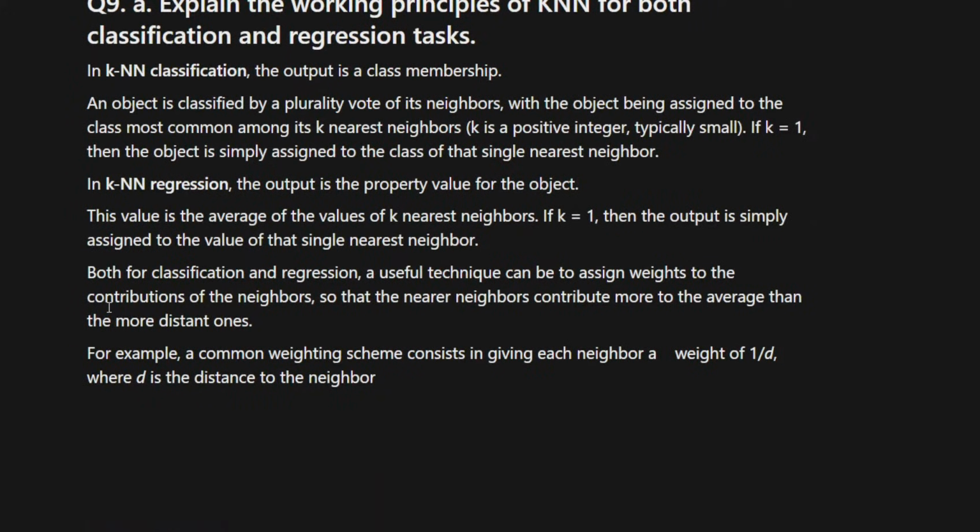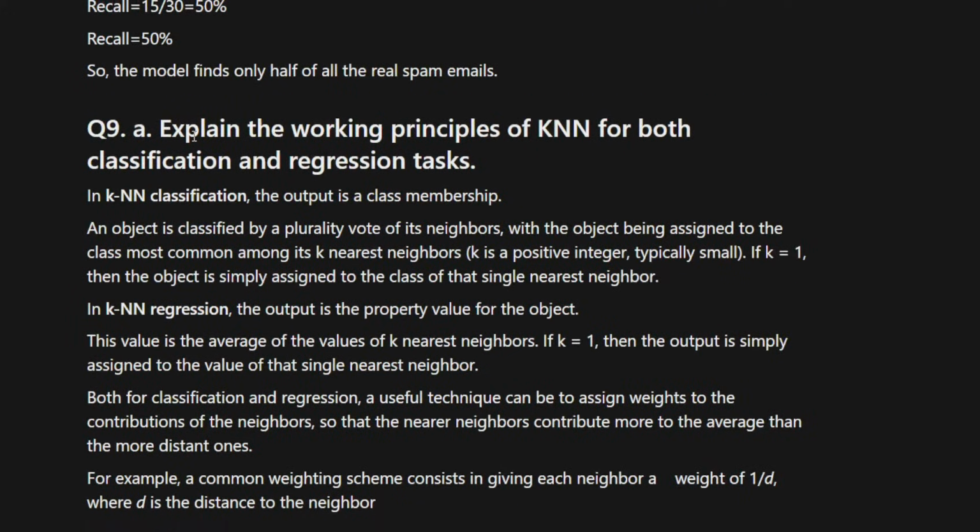Moving on to the final question of the day. Explain the working principles of KNN for both classification and regression tasks. In KNN classification, the output is a class membership, as you know. You basically get the input data and then classify whether it belongs to a certain class or not.